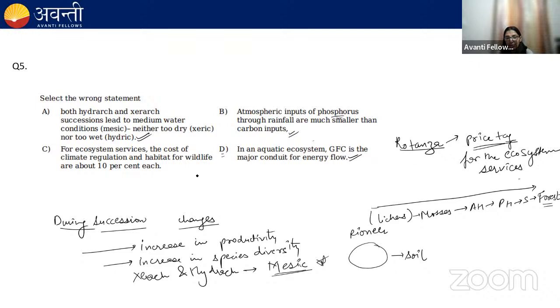And the distribution of the price tag includes 50% soil formation, less than 10% recreation, less than 10% nutrient cycle.